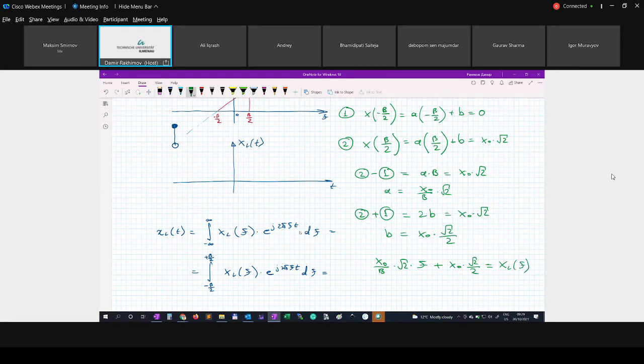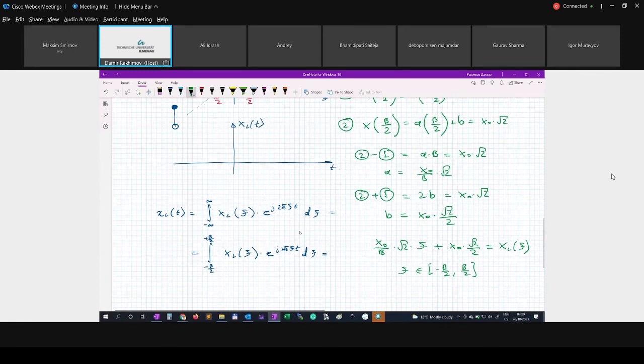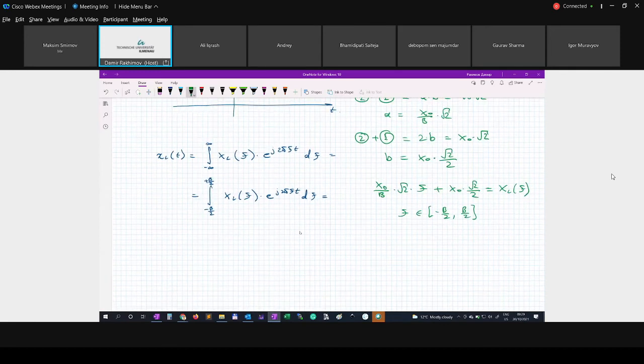And we also say that f is in the range from minus b over 2 to b over 2. This is our range for f. Okay, let me check: square root of 2, x0 over b, f. So it's the correct answer. Okay, and now we need to calculate the integral. So we substitute this expression into our integral.